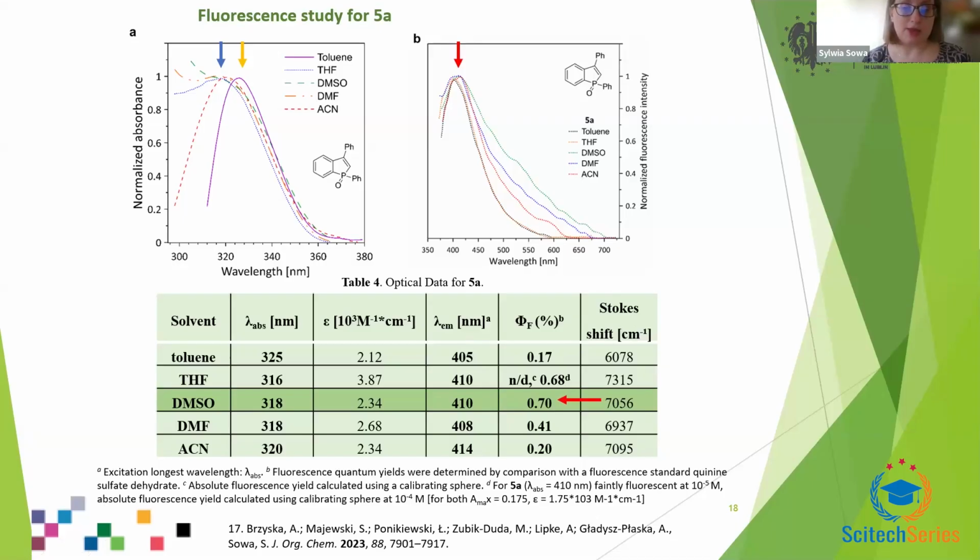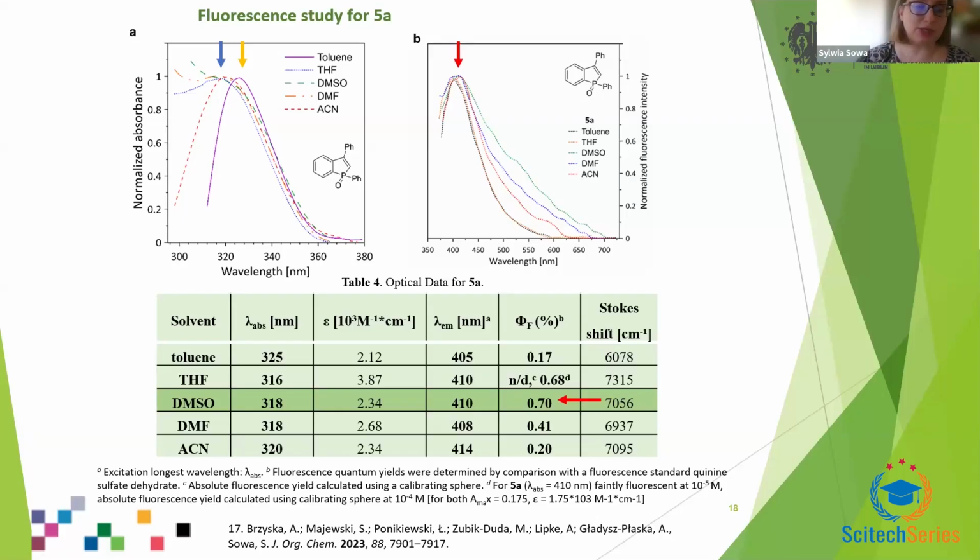So this compound is not very dependent on the solvent polarity. It's quite consistent with the spectroscopic data, where we define that this compound originates the fluorescence from the benzophosphole ring, and this means that the polarity of the medium doesn't affect it too much.